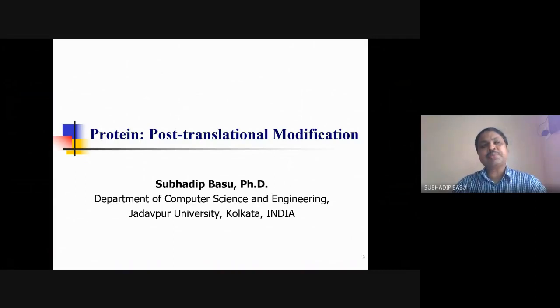This is a very interesting chapter. There are a lot of biological aspects involved, and finally we'll also see some of the computational methods, how we can predict post-translational modifications in protein sequences.